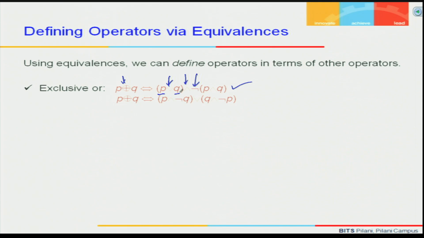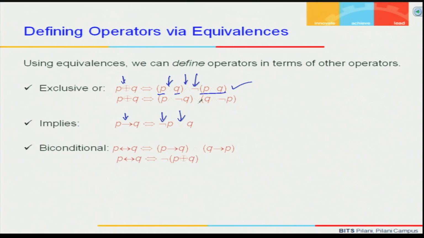There is another operator, P implies Q. This is equivalent to not P or Q. This operator can be represented as the combination of two operators, not and OR. The biconditional operator can be represented as P if and only if Q is equivalent to P implies Q and Q implies P.